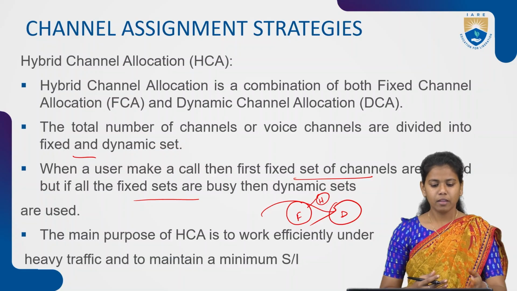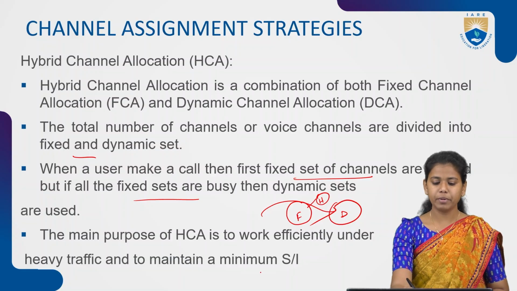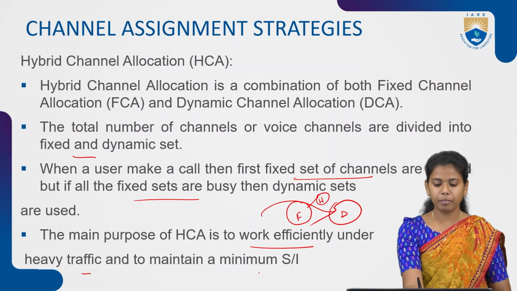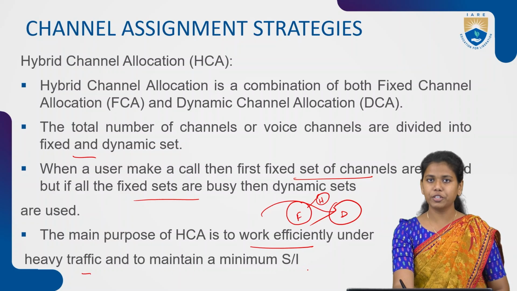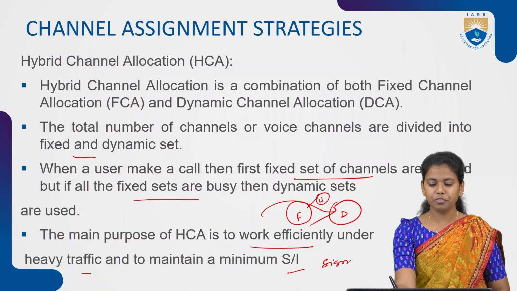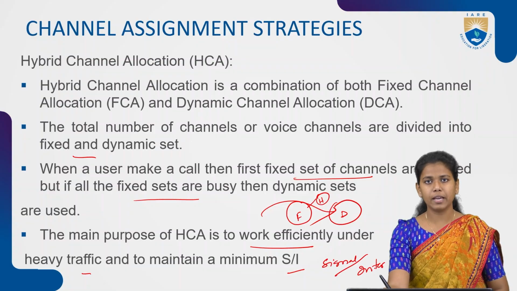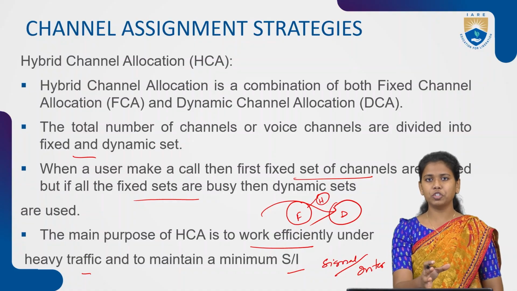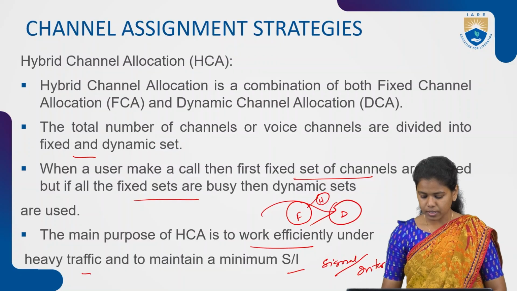The main purpose of this hybrid channel allocation is to work efficiently under heavy traffic and maintain a minimum signal to interference ratio. It works efficiently under heavy traffic because there is a possibility of switching from fixed to dynamic.